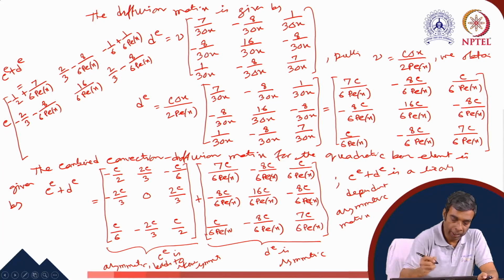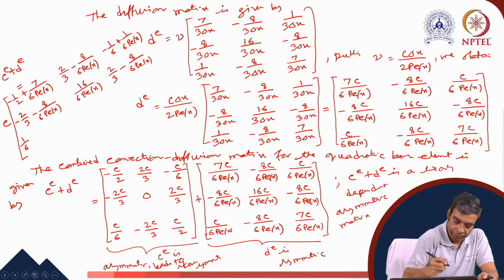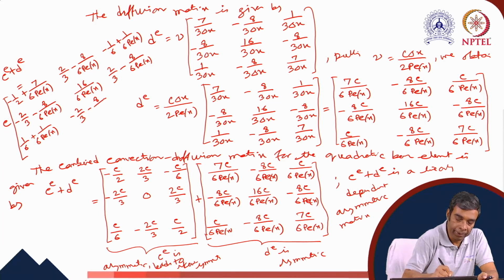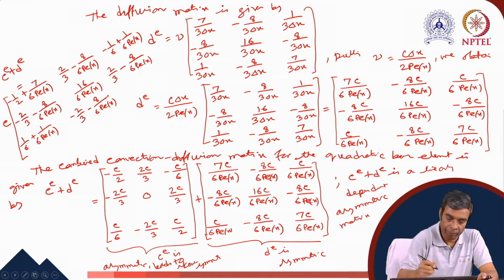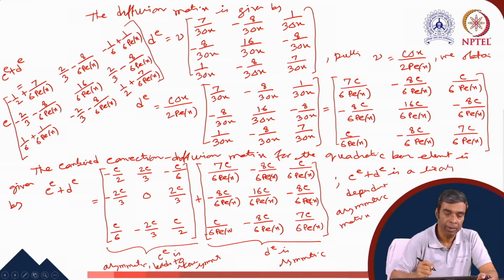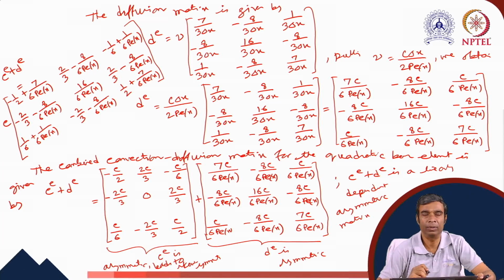In the last row we have 1 by 6 plus 1 by 6 Pex. Next we have minus 2 by 3 minus 8 by 6 Pex, and finally we have half plus 7 by 6 Pex. So this is the combined convection diffusion matrix for 3-noded or quadratic bar elements.